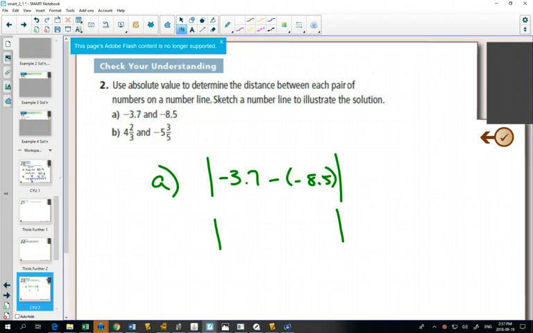So here, subtracting a negative, would you agree that that's positive? That's adding. And negative 3.7 plus 8.5 is going to be 4.8. And what's the absolute value of 4.8?